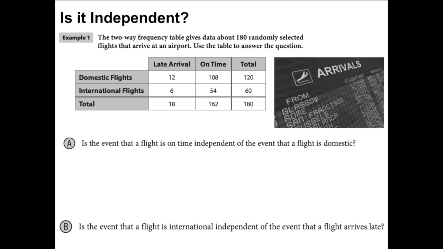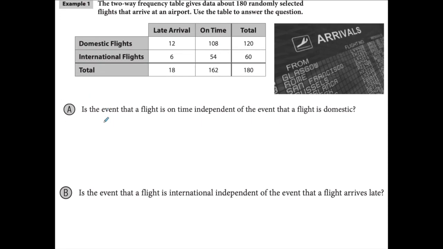Let's see if we can find the answers to these questions. Is the event that a flight is on time independent of the event that a flight is domestic? So what's the probability that a flight would be on time? Let event A be on time.